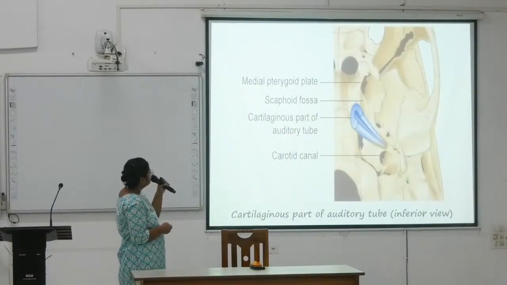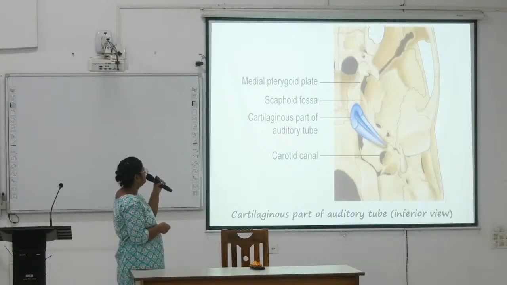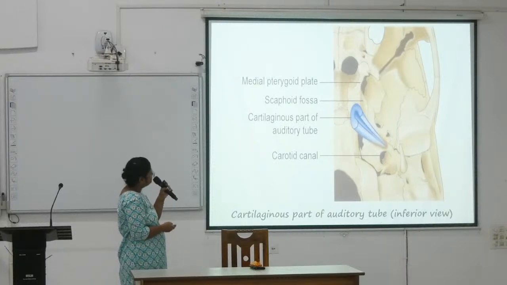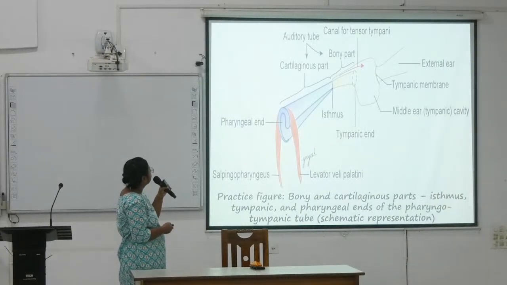See here, this is the section of the auditory tube. It is formed by the cartilaginous part of the auditory tube. Okay, here is the osseous part. See, this is the auditory tube, bony part, cartilaginous part.